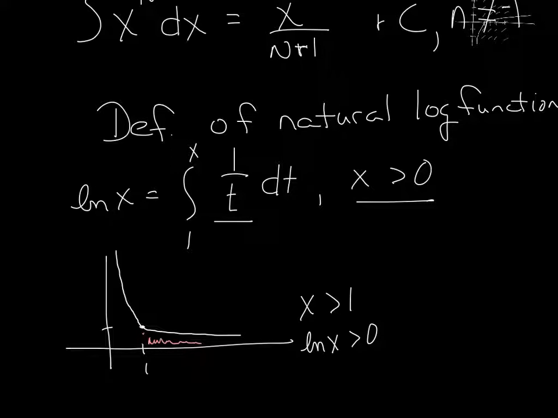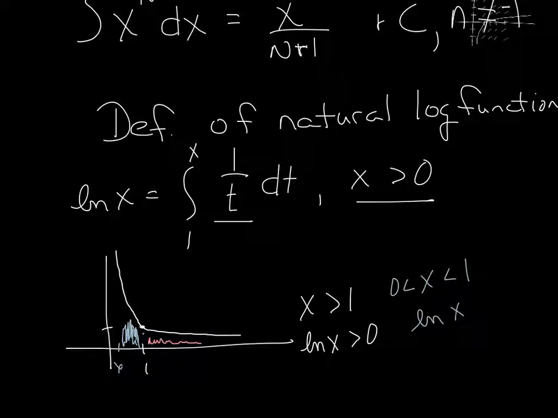Now, if we start at 1 and we go backwards, what does that do? Say our x is over here, and we go back this way. If x is between 0 and 1, what about the natural log now? Is that going to be positive or negative?